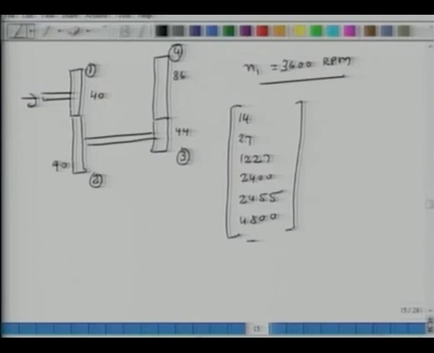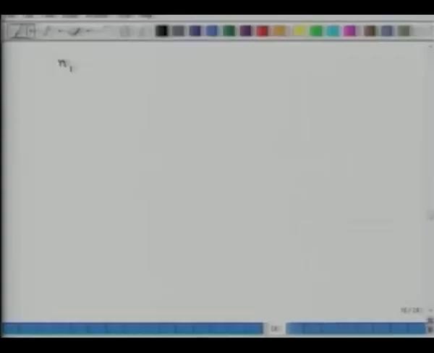So some possible explanations. What we do is we start computing different frequencies. So N1 is 3600 RPM, right? N2 equals N3 is 3600 times 40 over 90, that gives me 1600 RPM.